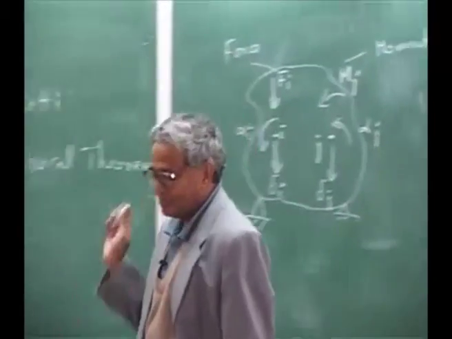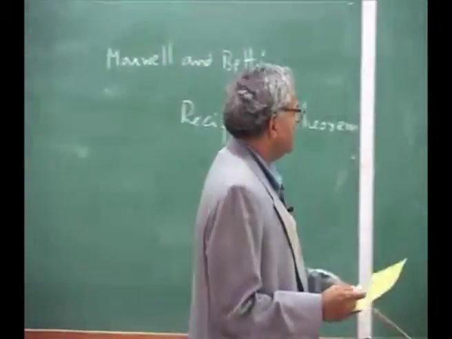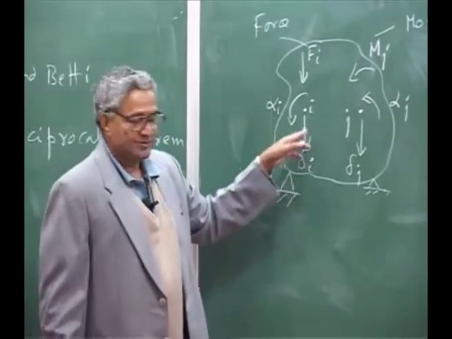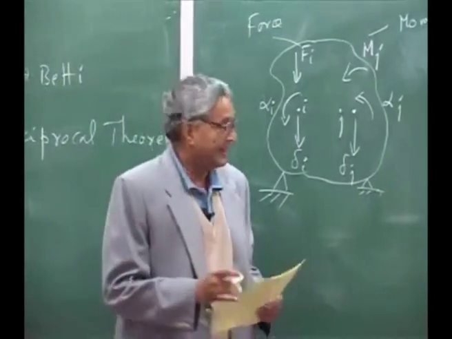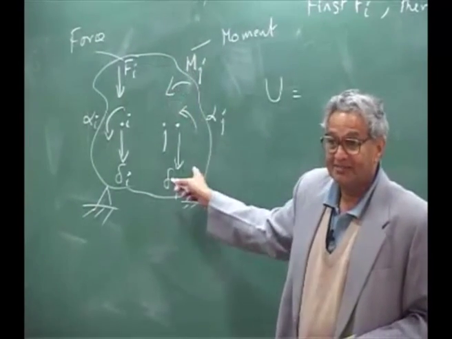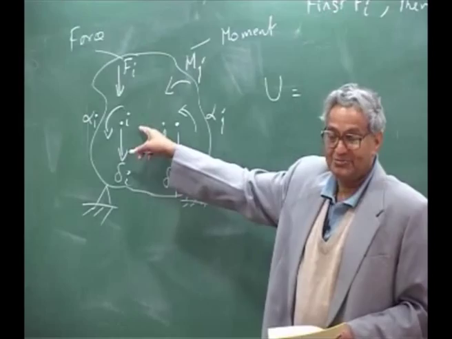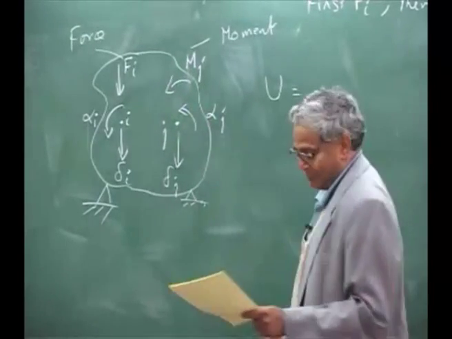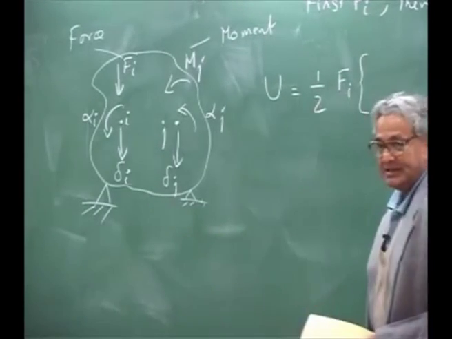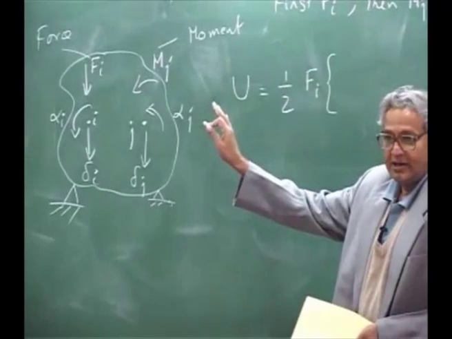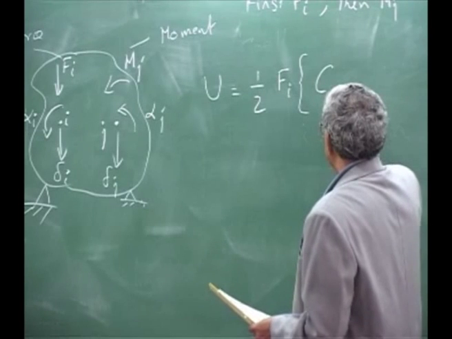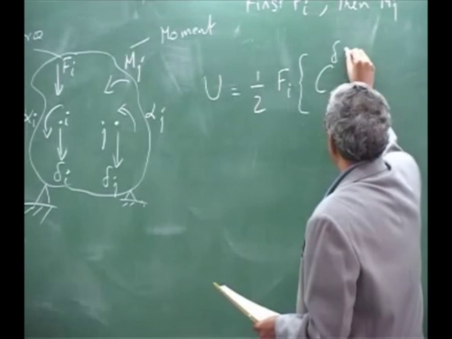Now you need to write the strain energy. First, when I apply Fi, it is going to have some deflection. Other points also will deflect, but you have to look at the deformation at the point where the load is applied. So you write half Fi times the deflection due to the load Fi. I am going to use the influence coefficient C ii, delta delta.